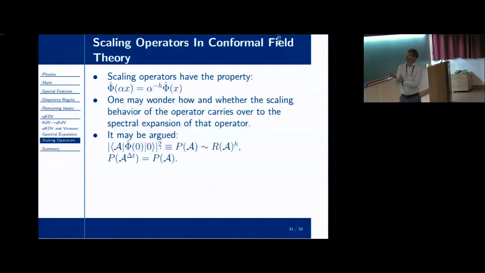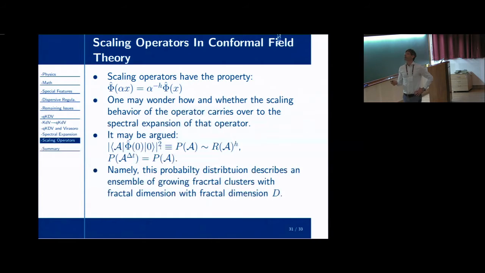And the other property that may be argued is that this probability distribution function is time independent. Namely, if I advance a certain shape in time, according to the Laplacian growth evolution, it will have the same probability as the one that was not advanced in time. So this basically means that indeed the probability distribution function thus defined, at least according to this argument, which I haven't shown, describes an ensemble of growing fractal clusters.